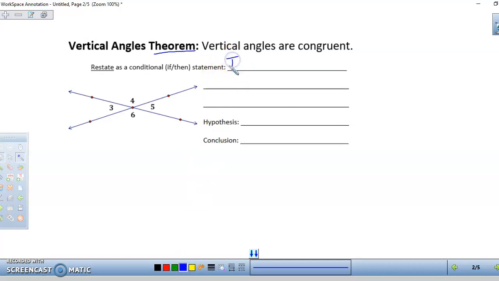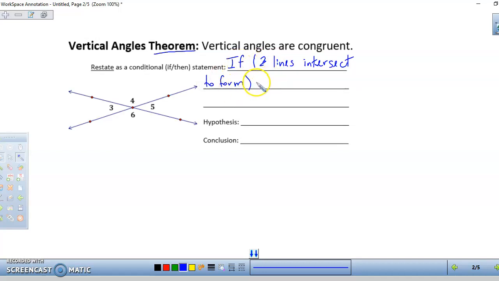Okay, so what you probably wrote, of course, is starting with if. Now I'm going to add a little tiny piece here that you probably didn't write, which is totally fine. But if, and then in parentheses, I'm going to write two lines intersect to form, and you may not have written that piece of it, which is totally fine.